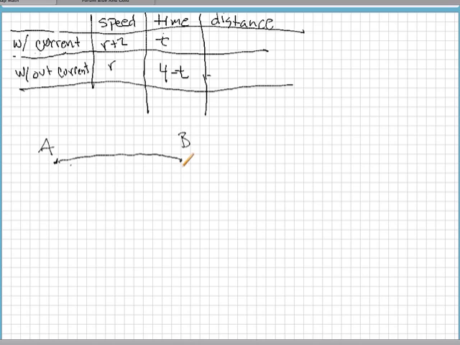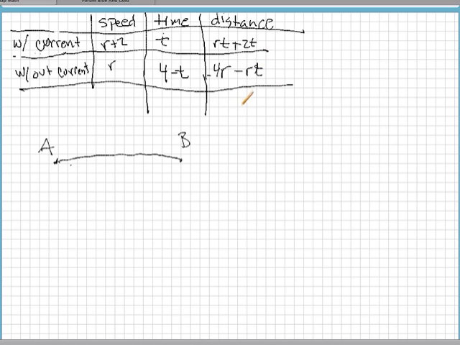And then the distance is going to be speed times time, so this is going to be rt plus 2t. And then without the current, it's going to be 4r minus rt.